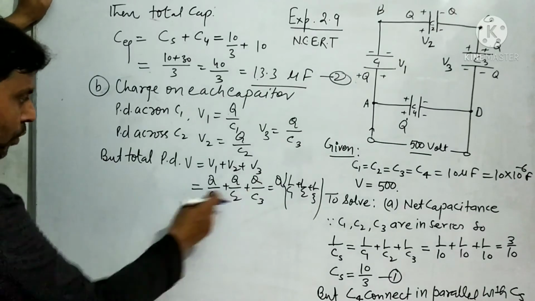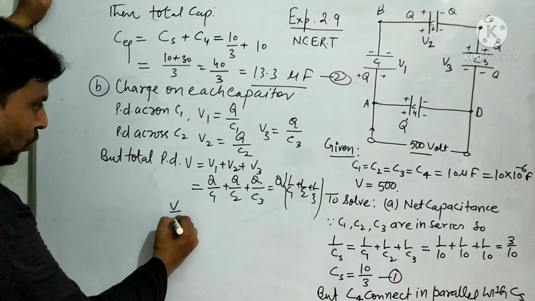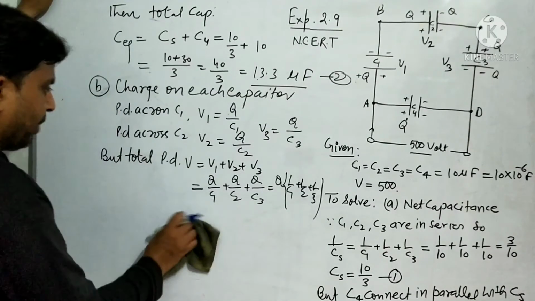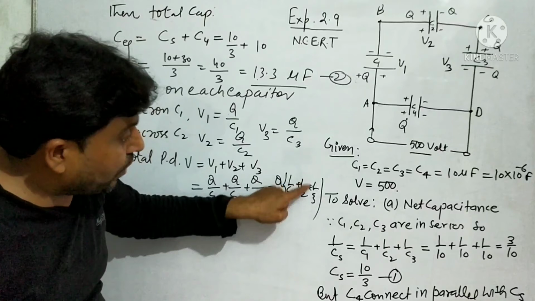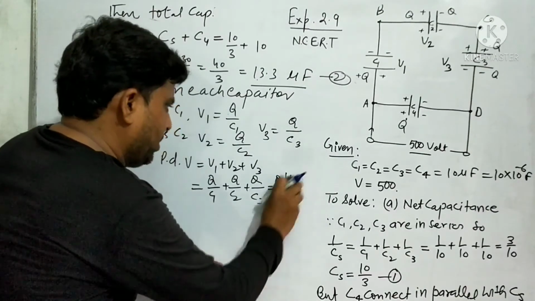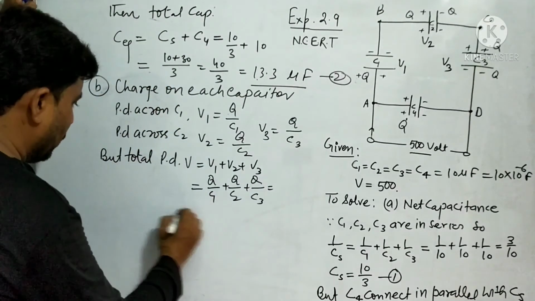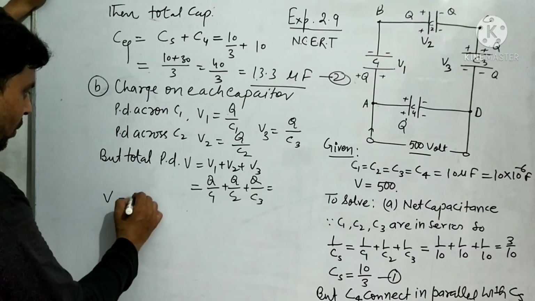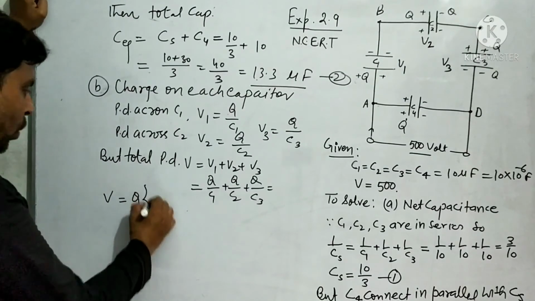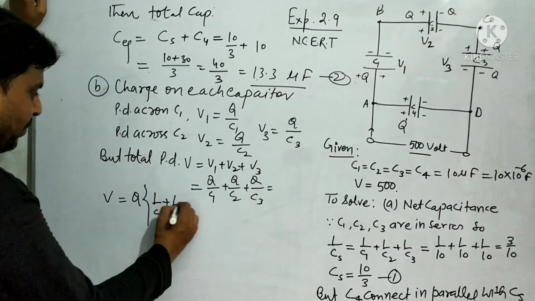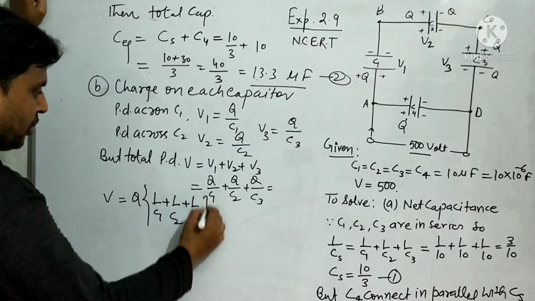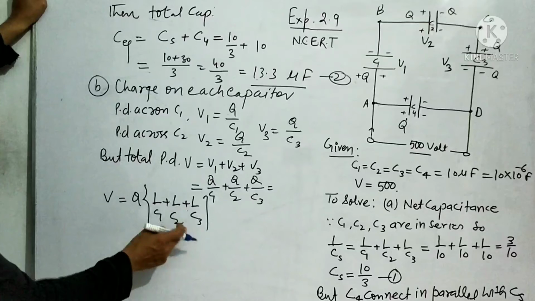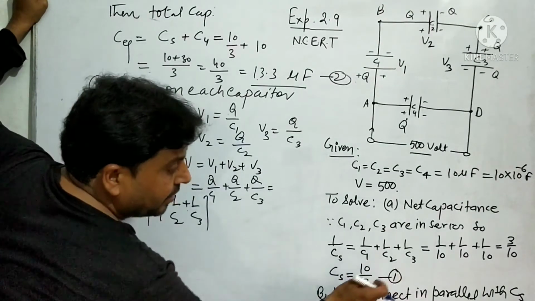So V equal to capital Q into 1 upon C1 plus 1 upon C2 plus 1 upon C3. And such value is here 10 over 3. This combination? Yes, 10 over 3.